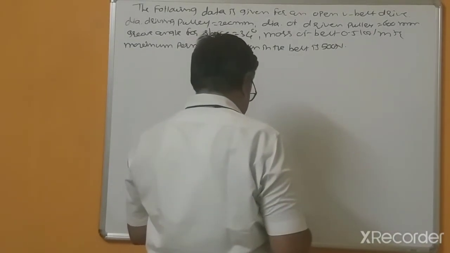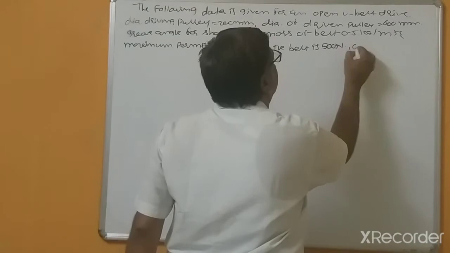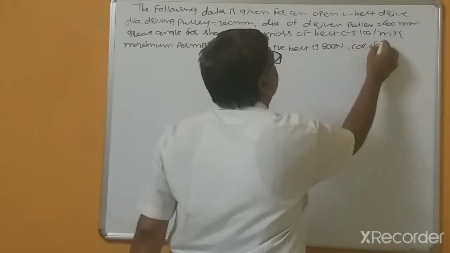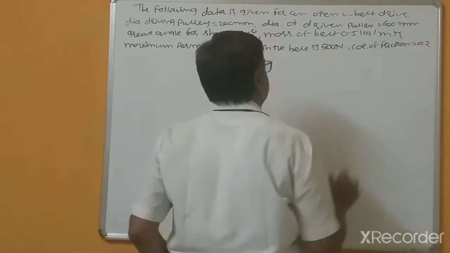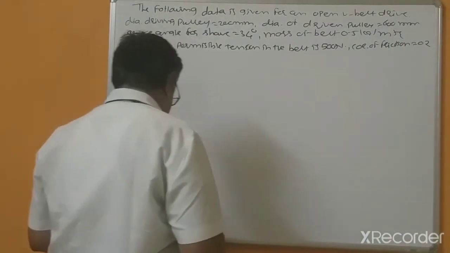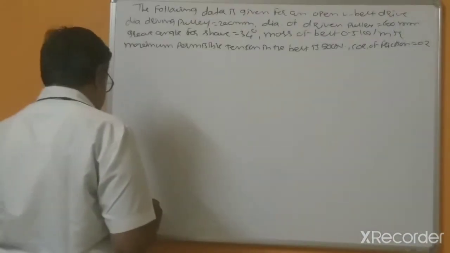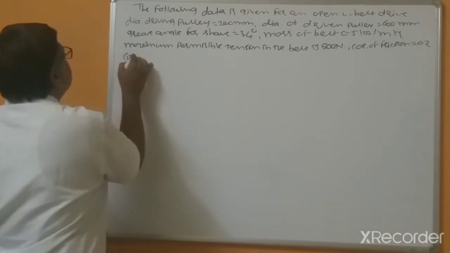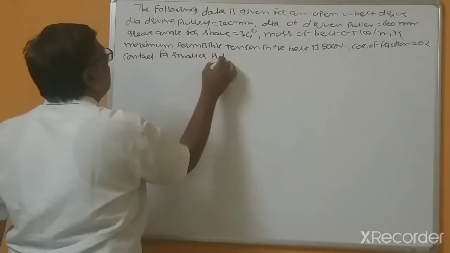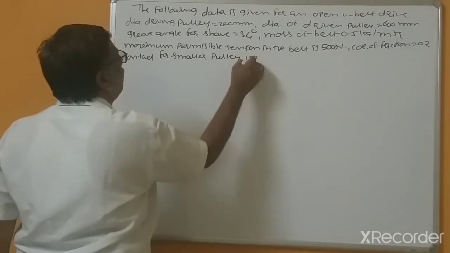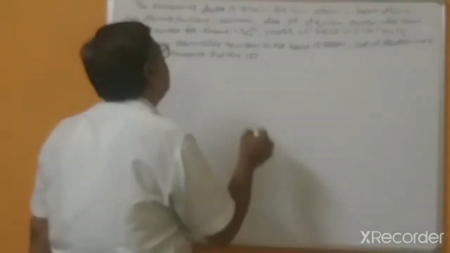The coefficient of friction is equal to 0.2. Contact angle for smaller pulley is directly given, 157 degree.